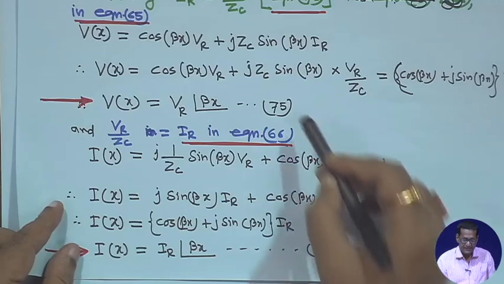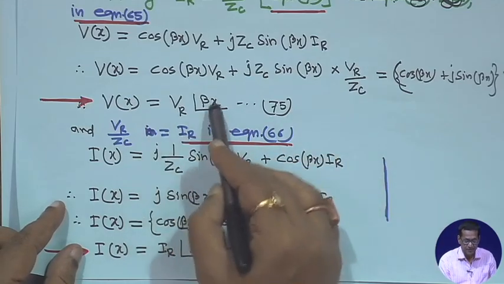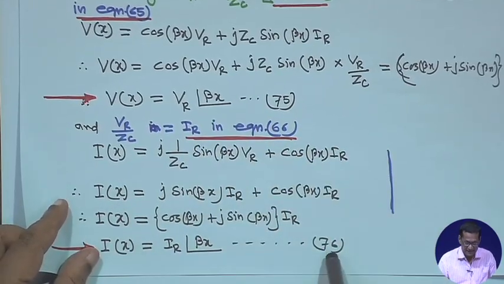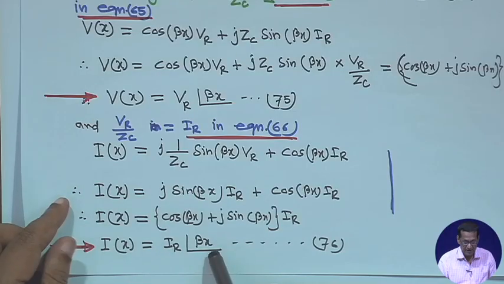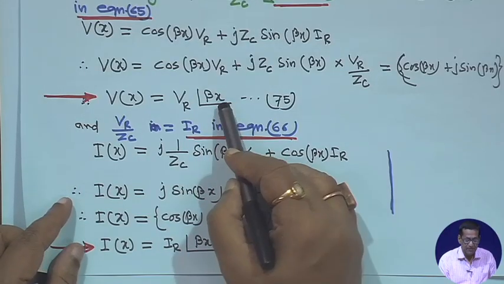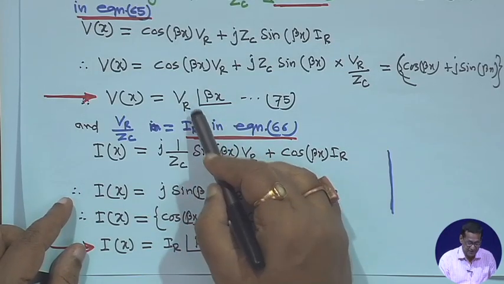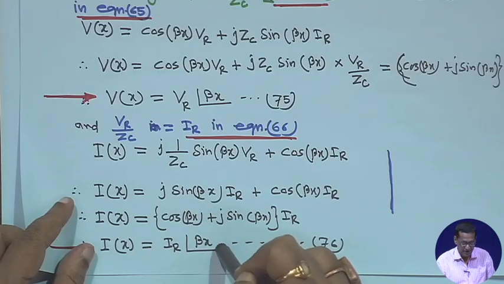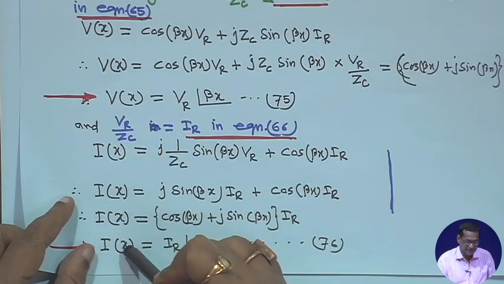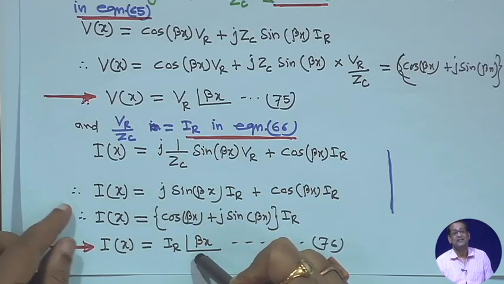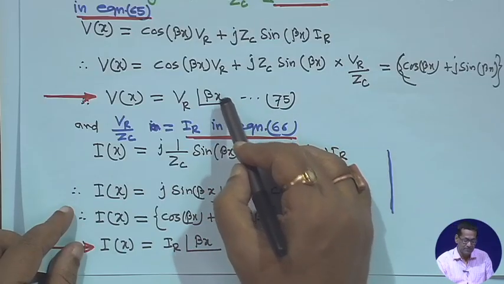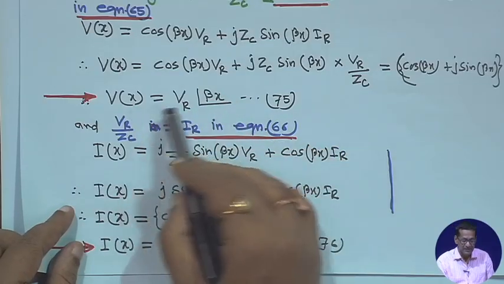That means, in equation 75 Vx is equal to VR angle beta x, and in 76 Ix is equal to IR angle beta x. Whatever may be the value of x, the magnitudes of Vx and Ix remain the same.